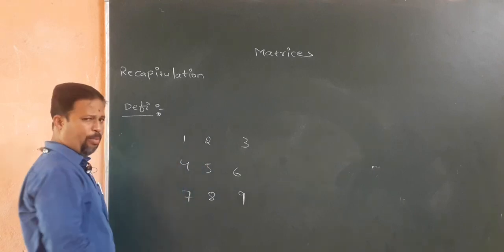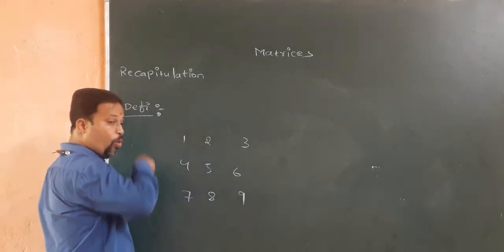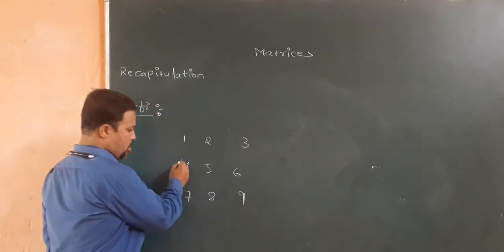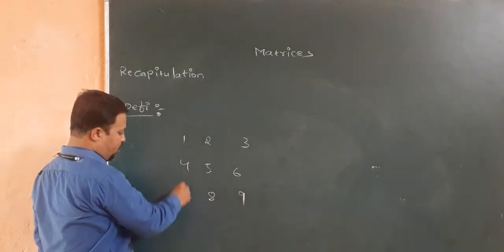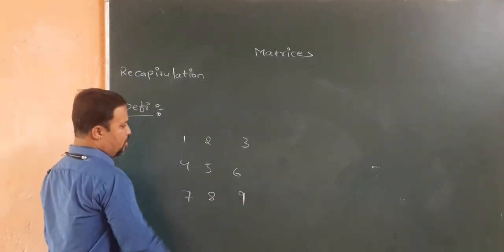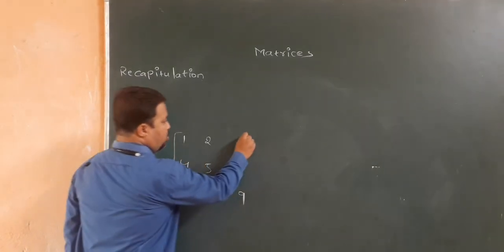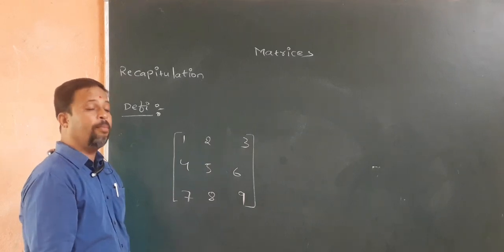These are all numbers, and we are arranging them in rows and columns. This is the first row, this is the second row, this is my third, and this is my first column, my second column, my third column, in a square closed bracket. This is called a matrix.